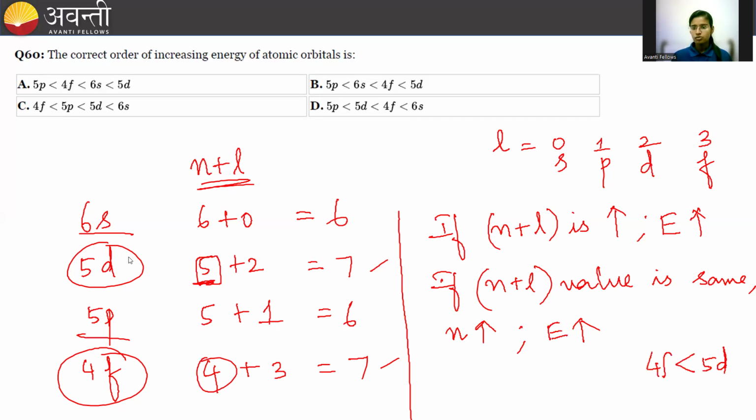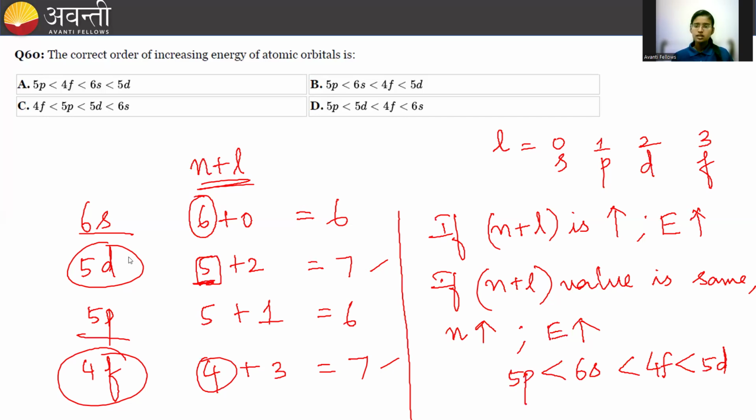Then comes 4f. Then if you check the other two, with n plus l value as 6, 6s has the highest value of n. So obviously 6s will come before 4f, and the one which is lowest in energy is 5p.